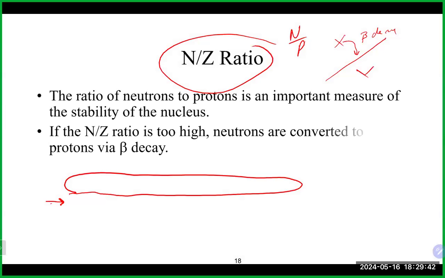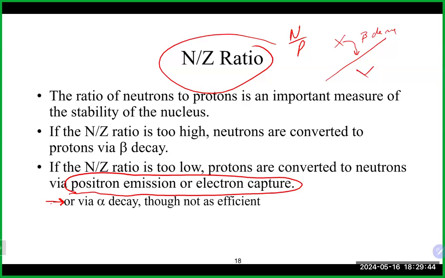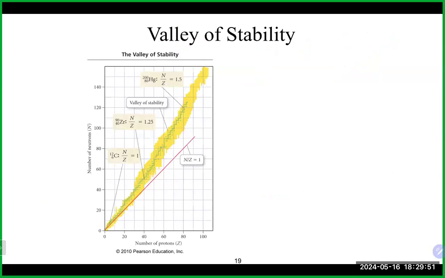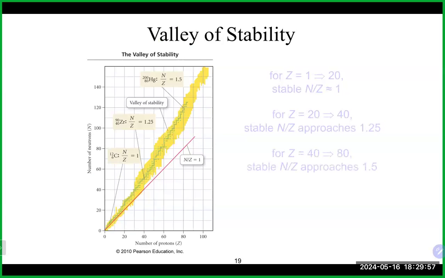Now, how do we know if it is stable, or what is stable? The answer is there is the valley of stability, or in some books they call it the belt of stability, whichever one you like. This is essentially this smear here, and that is going to give us our acceptable, stable ratios.